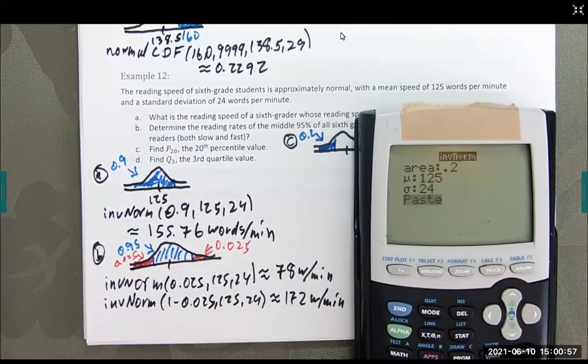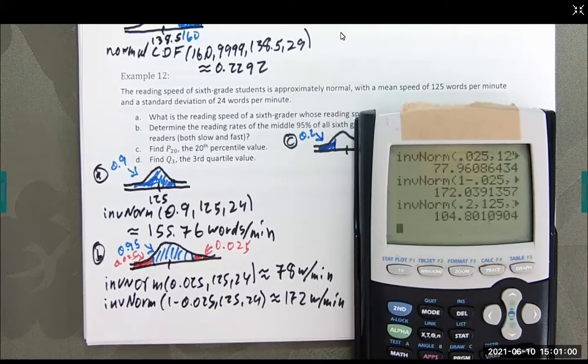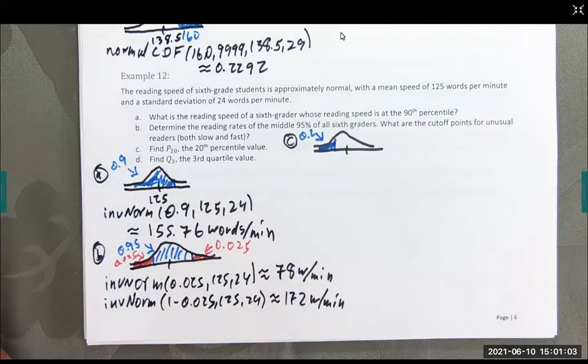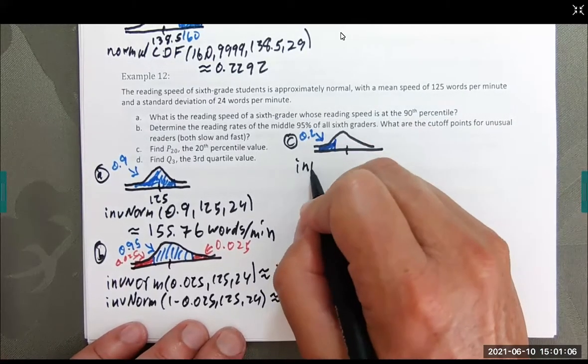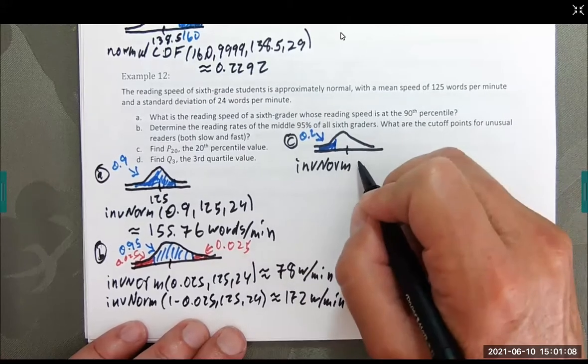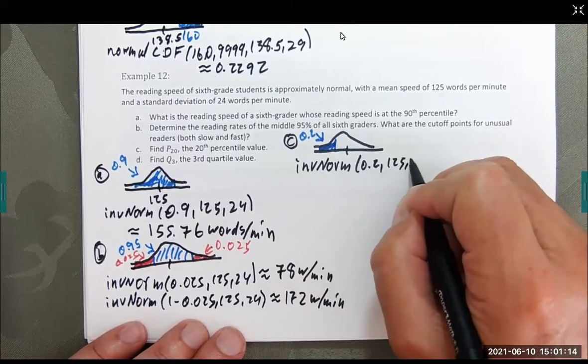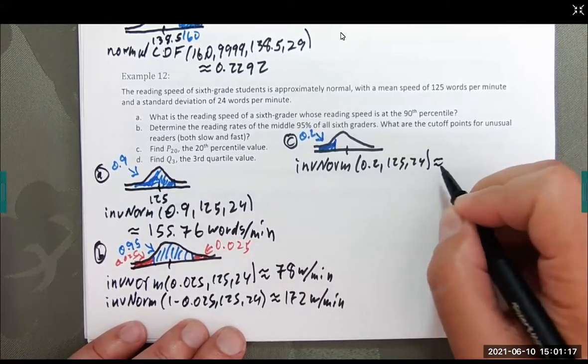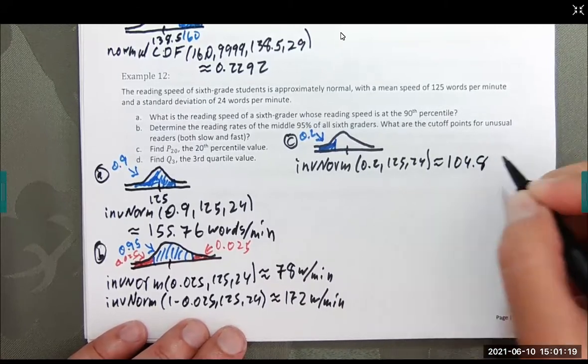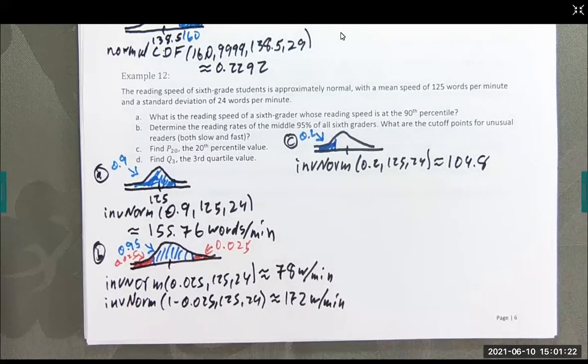Mean standard deviation the same. 104.8. So this is inverse norm of 0.2, 125, 24 becomes 104.8. So if a sixth grader reads less than 104.8, they're in the 20th percentile. A better way to word that is a student who can read at 104.8 words per minute has 20% of the other sixth graders that read slower than they do.